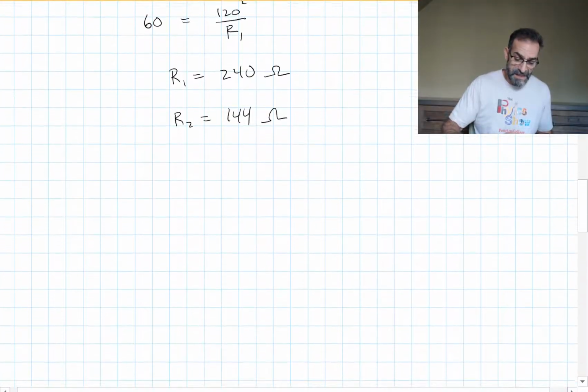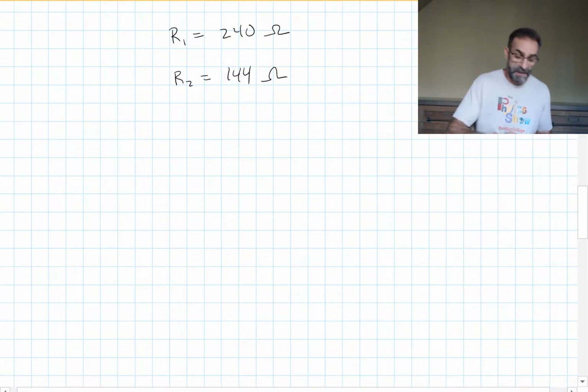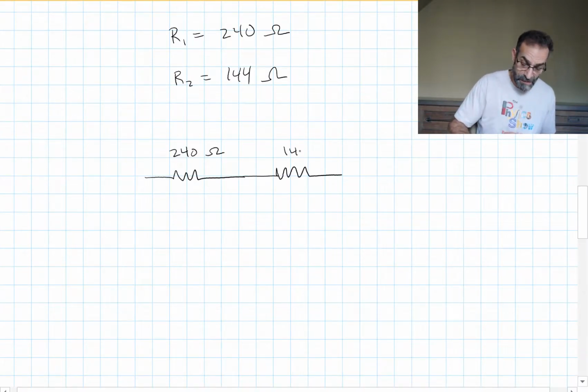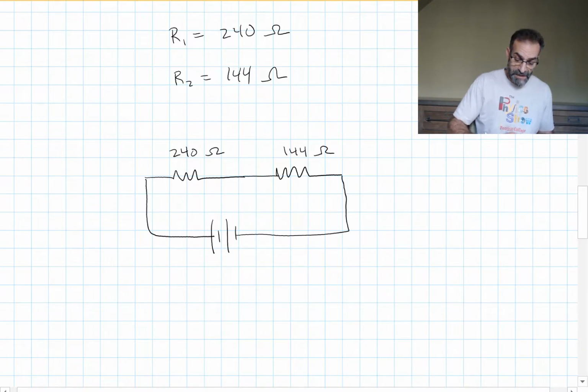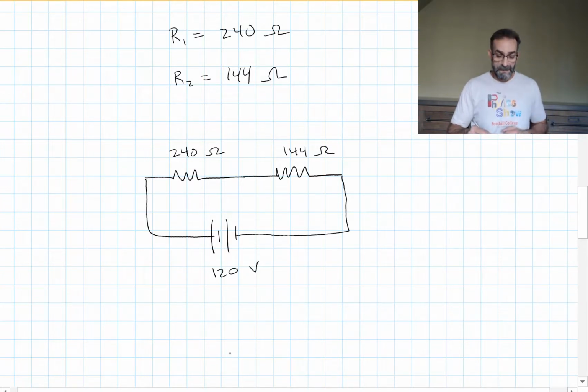Now we know what the resistance is for each of these light bulbs. Let's hook them up in series. And let's just keep our 120 volt power supply.